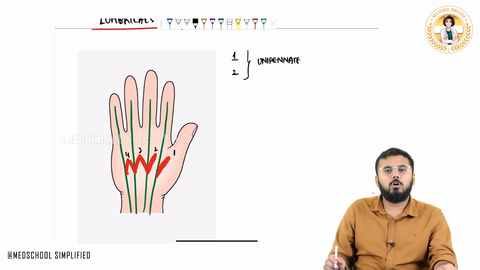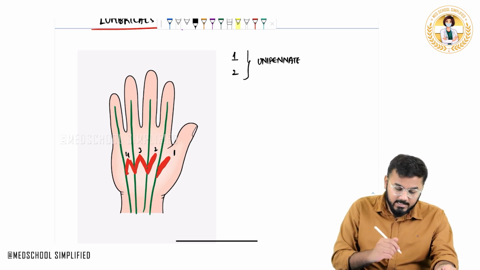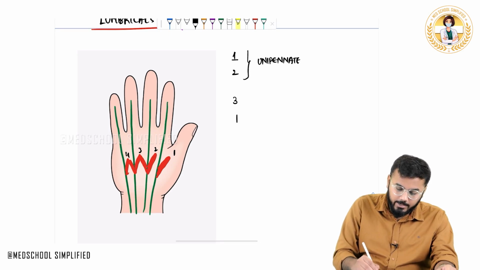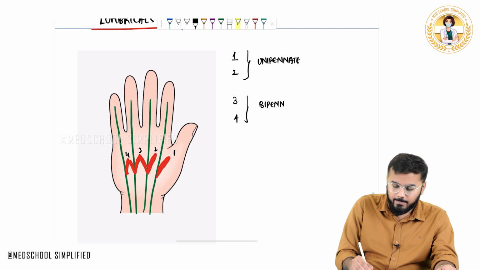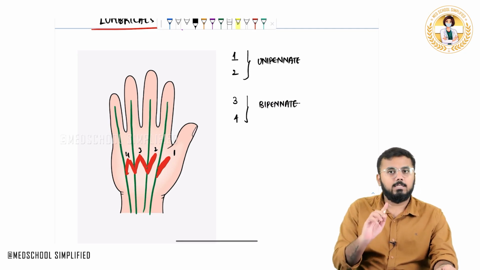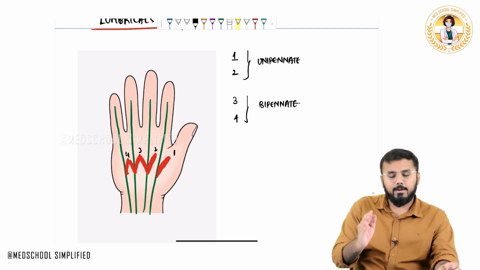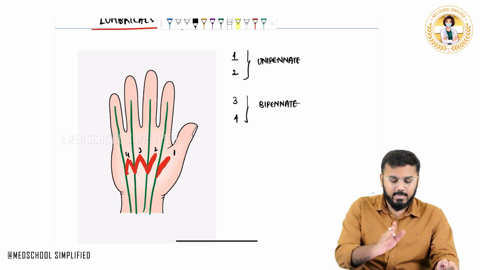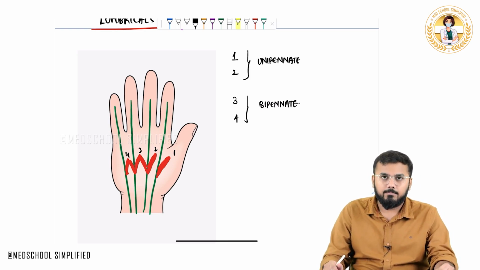They have only one penna. Whereas lumbrical 3 and lumbrical 4 are bipennate. This is a thing you need to remember: lumbrical 1 and 2 are unipennate, whereas lumbrical 3 and 4 are bipennate.